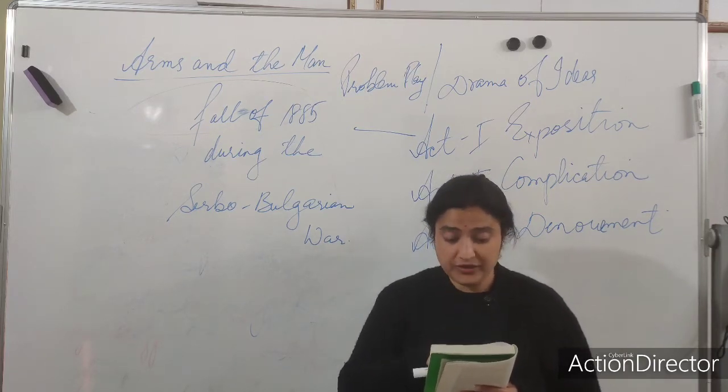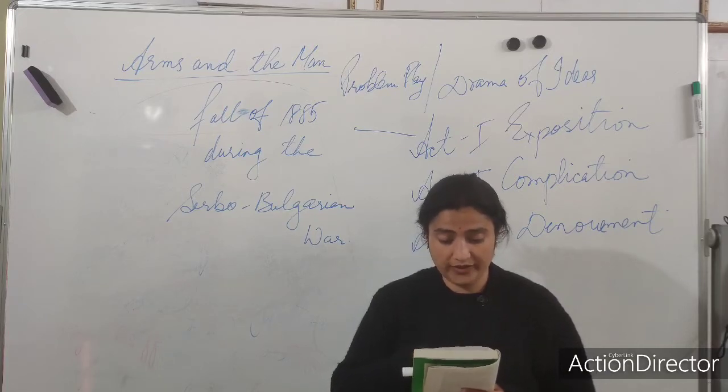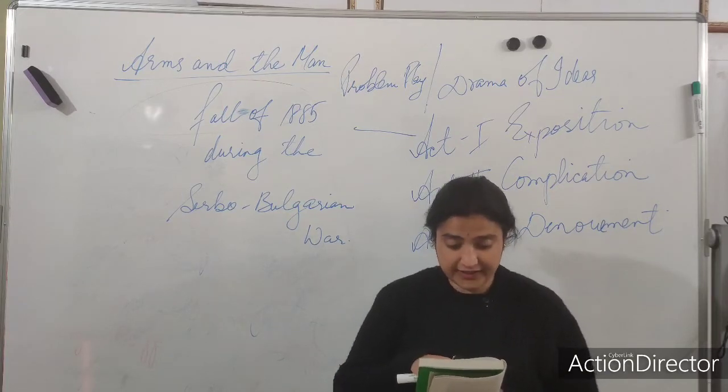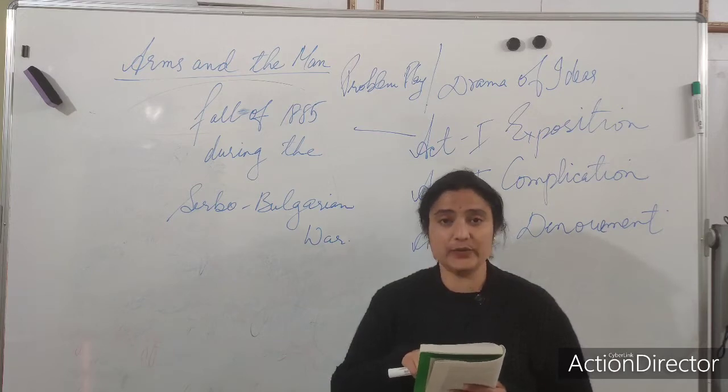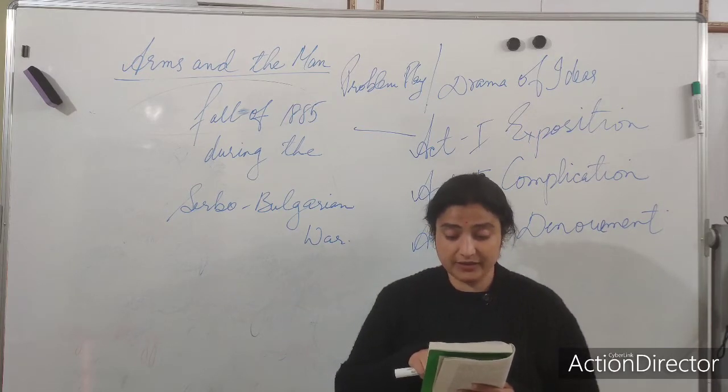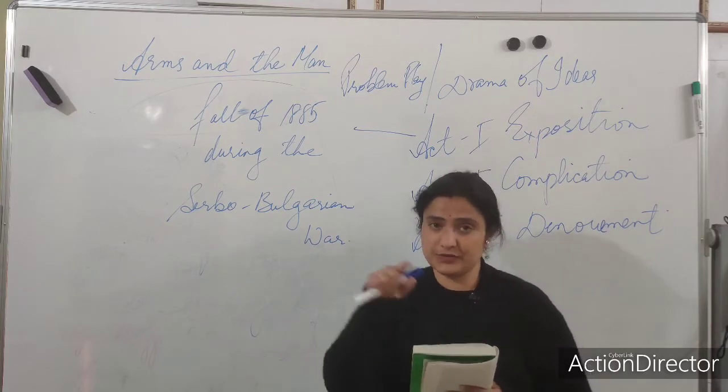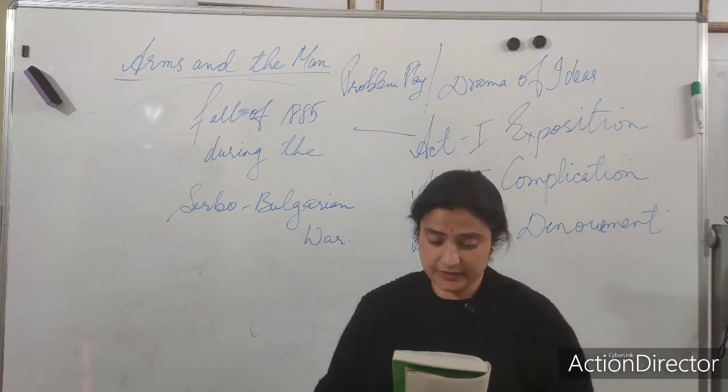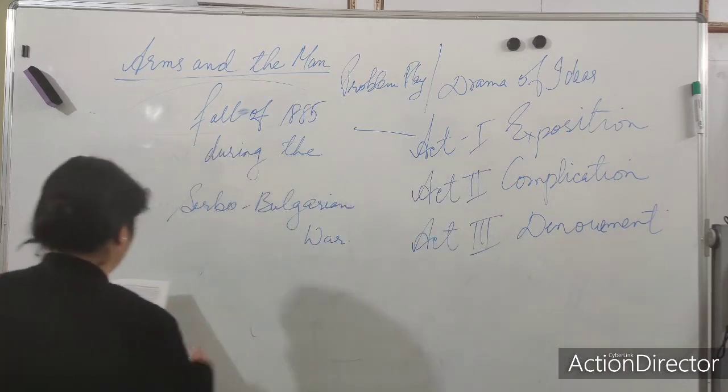And another thing to the event is this. Defeated, I repeat again, the Serbs declared war and were badly defeated in the Battle of Slivnica, the place where the battle took place. I'll just write it for your information.